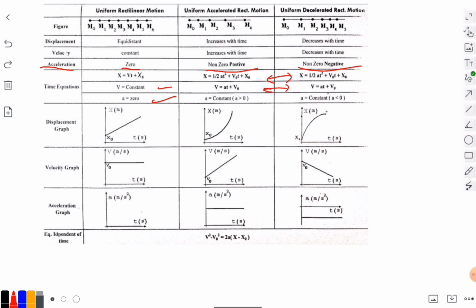But in uniform accelerated rectilinear motion, acceleration is constant and positive, while in uniform decelerated rectilinear motion, the acceleration is constant but negative.